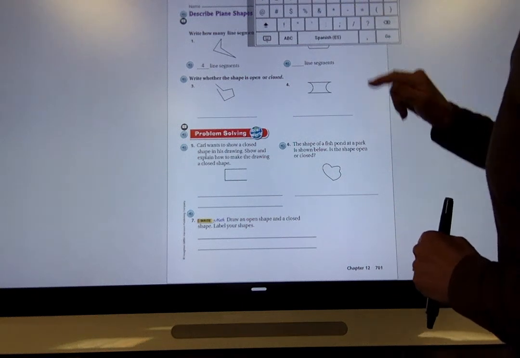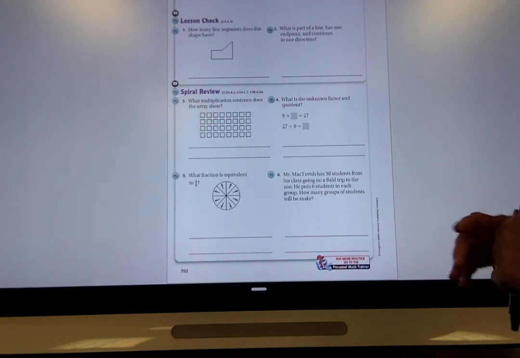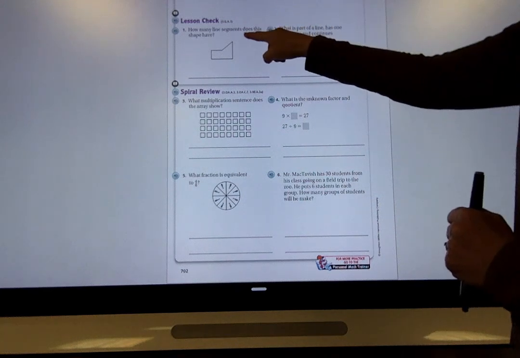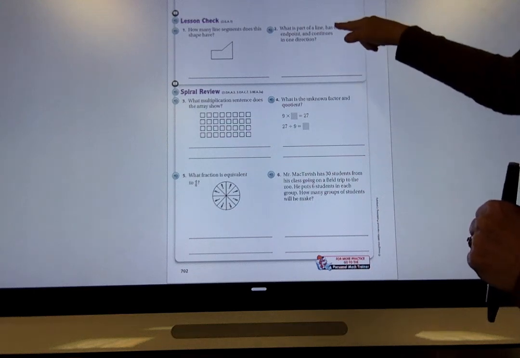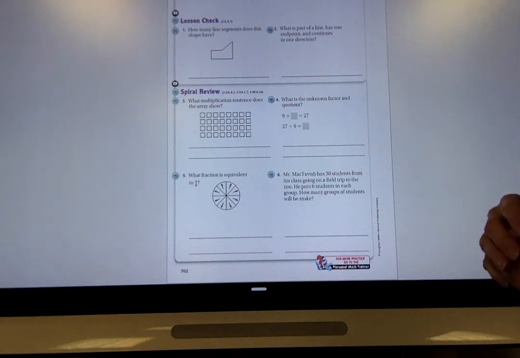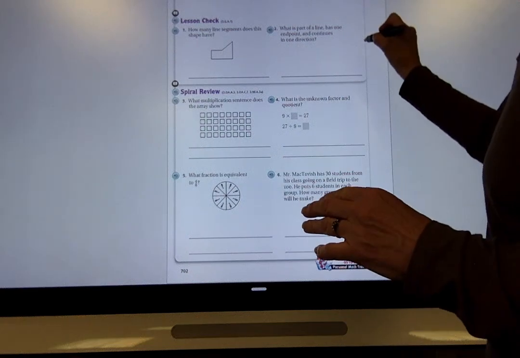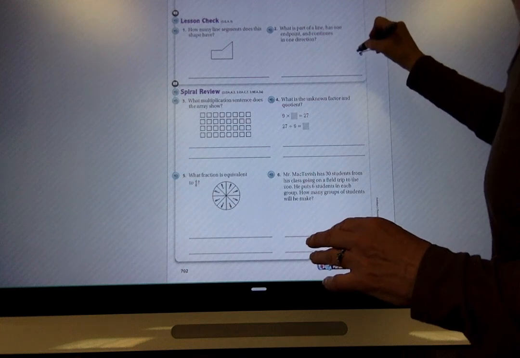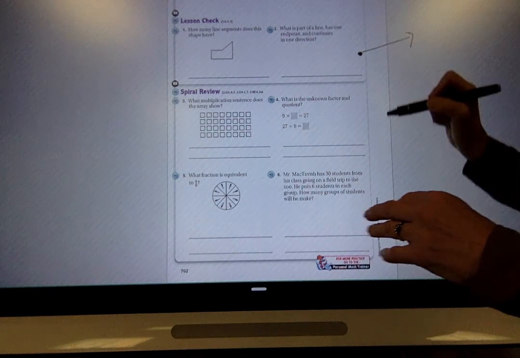Where it says at the top of the page, How many line segments does this shape have? Remember to start, make a little mark where you're going to start and count until you go all the way around and connect. Number 2, what is part of a line, has one endpoint, and continues in one direction? Okay, there's 3 clues there. It's part of a line, but it has one endpoint, and it continues in one direction.